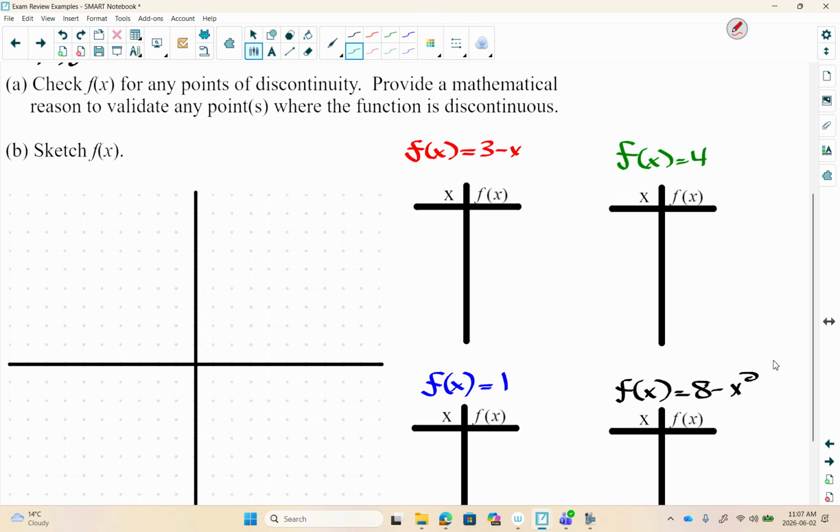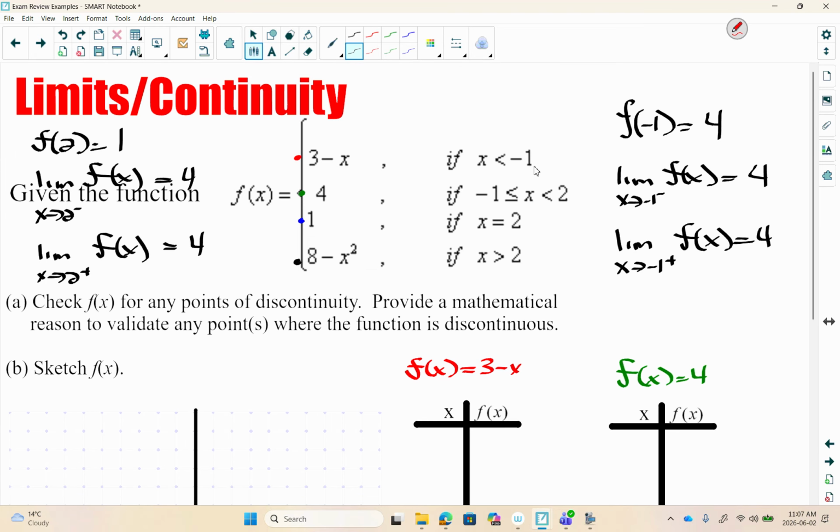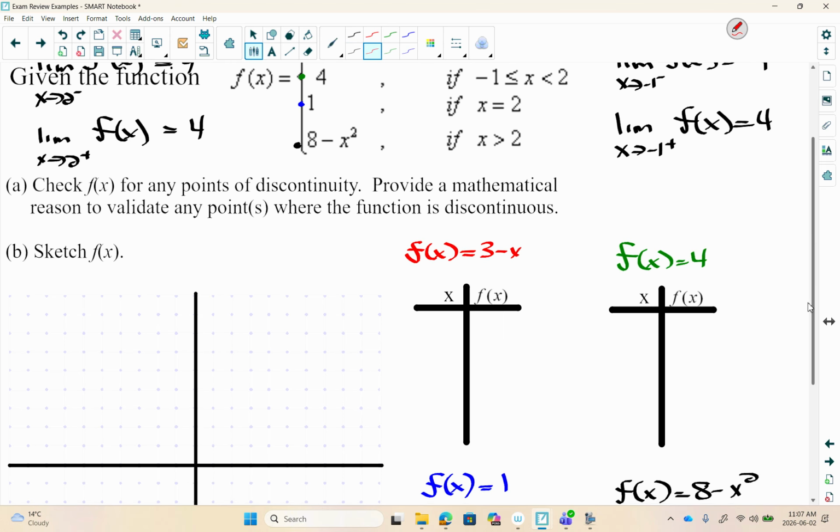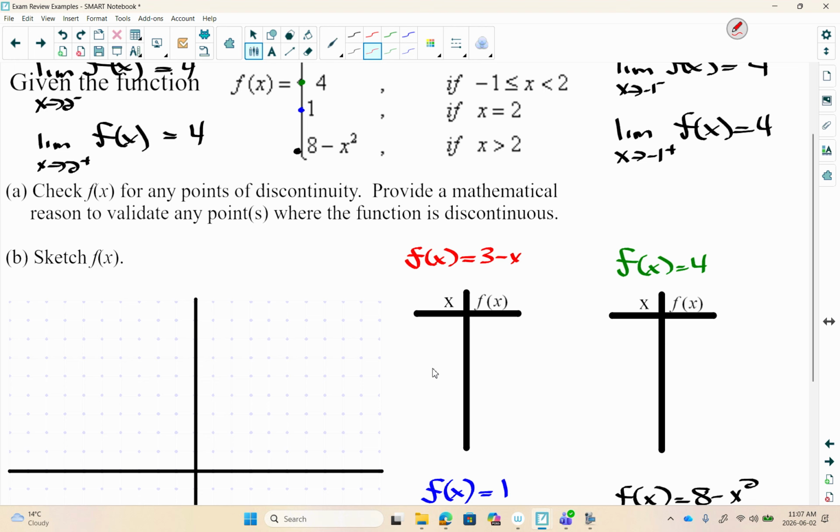Now remember, when it comes to filling out your charts, your table of values, what x values do I use on the first piece? I use x values that are less than -1. Okay? Now, do I start at -2, -3, -4? I'm going to start at -1 and I'm going to move to the left.